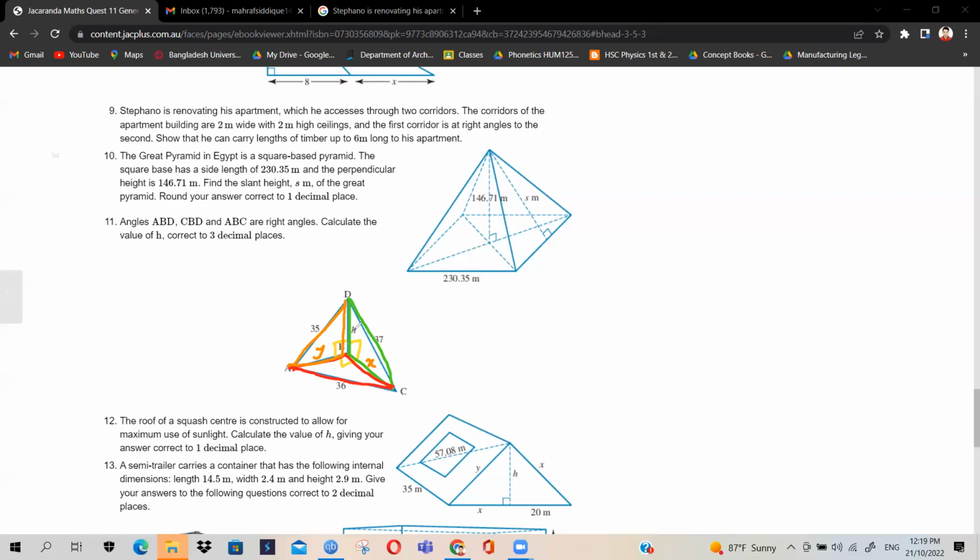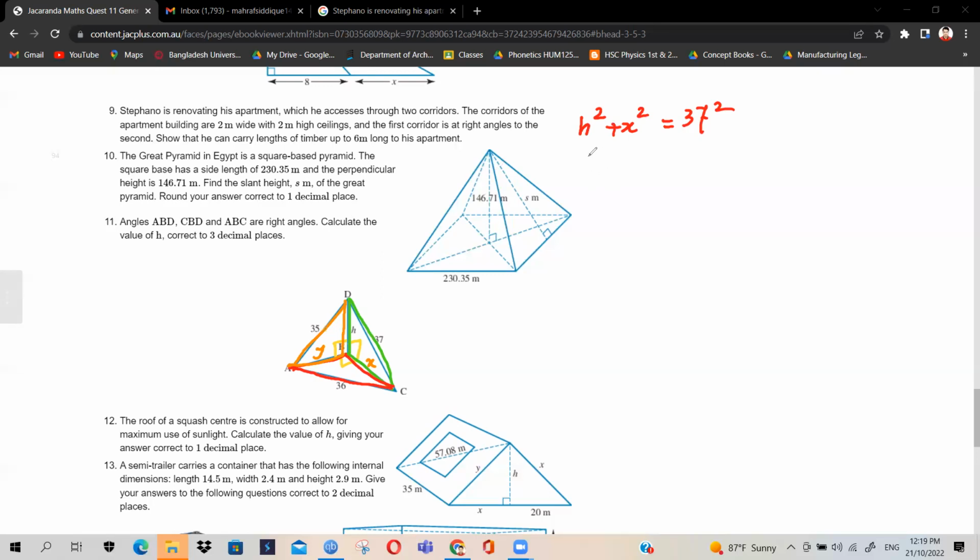You are given 3 equations and 3 unknowns. You will have to go on skillfully to calculate the values of these. First things first, let me list the 3 equations. h squared plus x squared equals 37 squared. Is that correct? Yes.